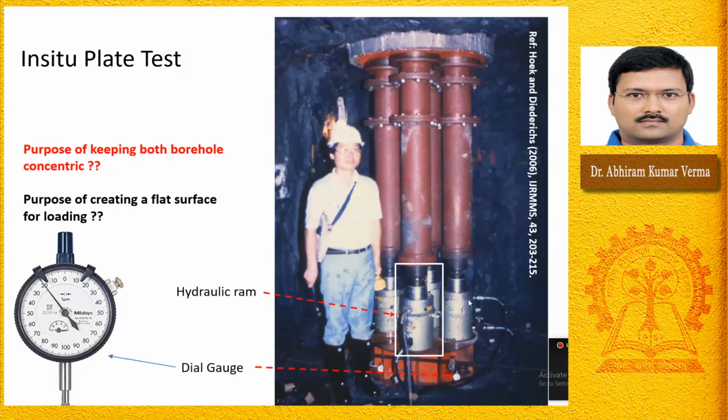Some people have also used the flat jack, apart from the hydraulic jack, because it will distribute your load uniformly on that particular area. Sometimes only a flat jack is used if the load requirement is less. So you can also go ahead with the flat jack to apply pressure between the 2 surfaces.